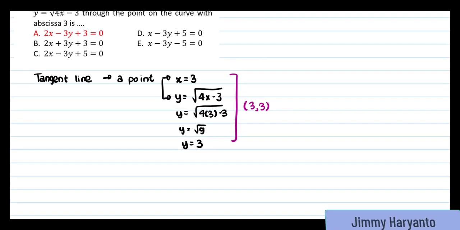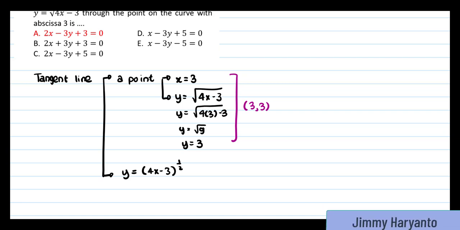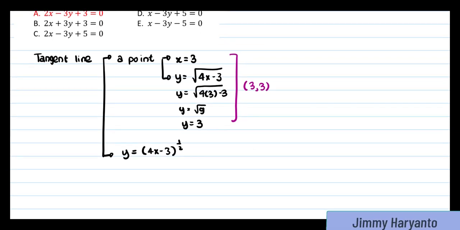Then next is the gradient. To find the gradient, we have to differentiate y, that means (4x minus 3) to the power of half. I want to change the square root into a power, so we can differentiate it directly.